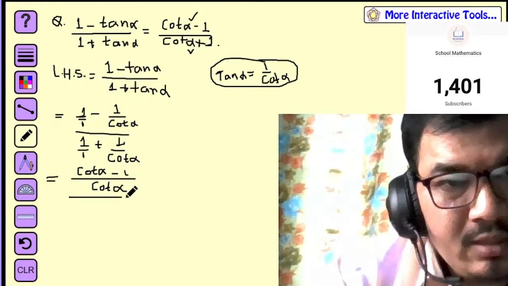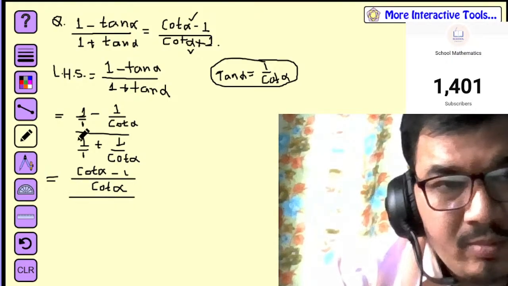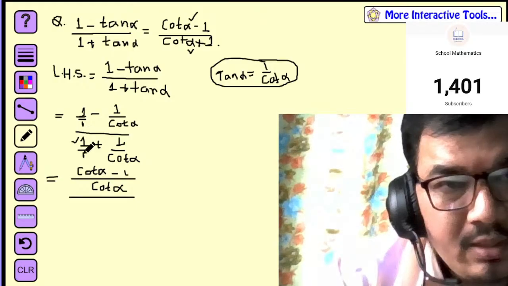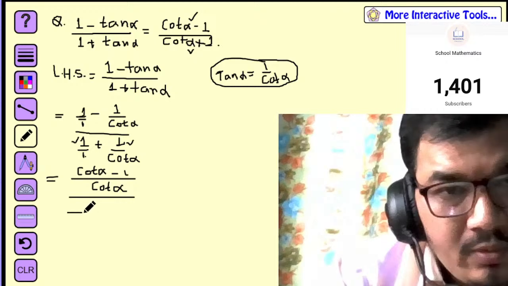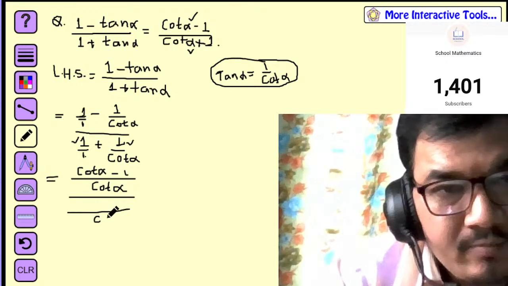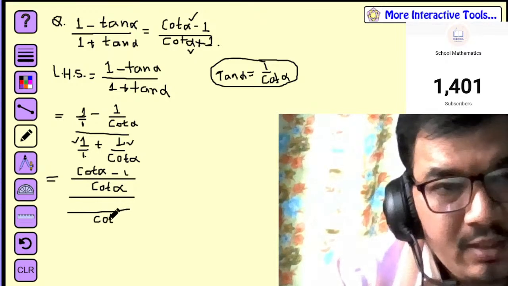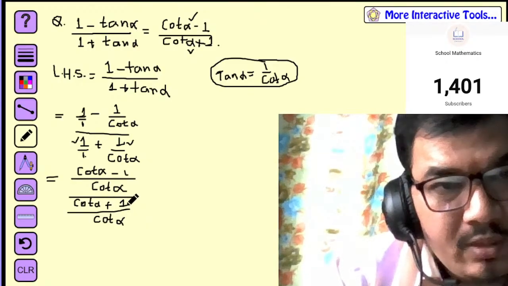And down, this cot alpha will multiply with this one, and this one will multiply with this one, because we know its LCM is cot alpha. Then cot alpha into 1 means right here cot alpha, then this side there is plus 1.